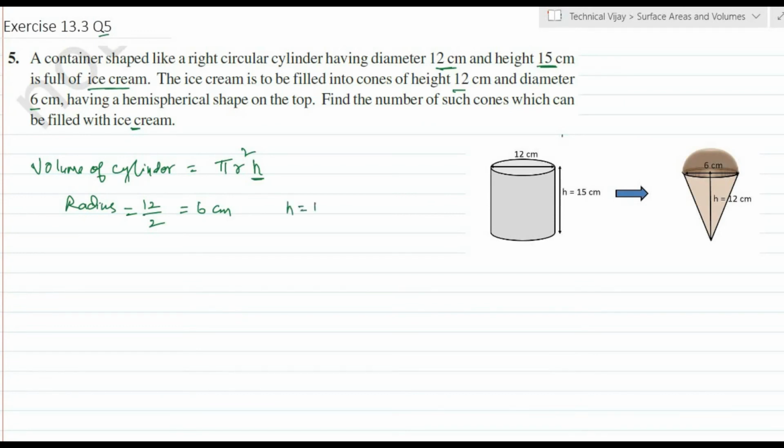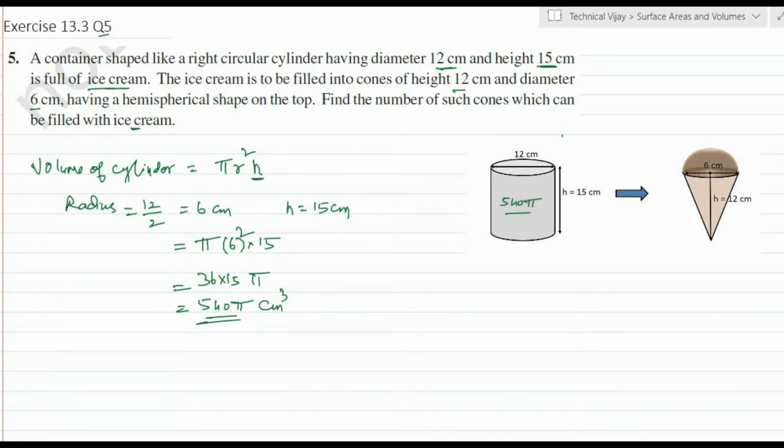So we substitute: pi into r square means 6 square, into h means 15. So this is 36 into 15 pi, which is equal to 540 pi cubic centimeter. So now we got the volume of this one, equal to 540 pi.